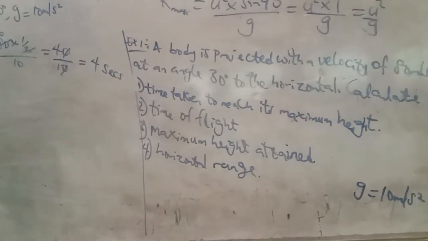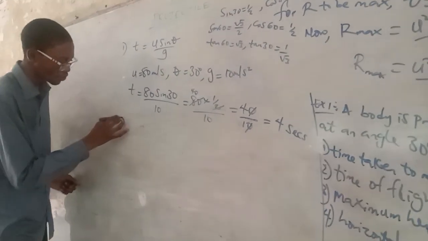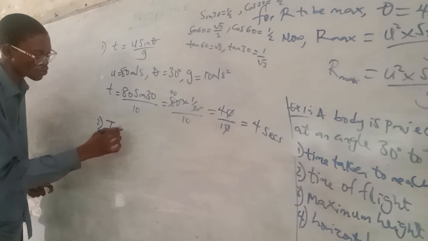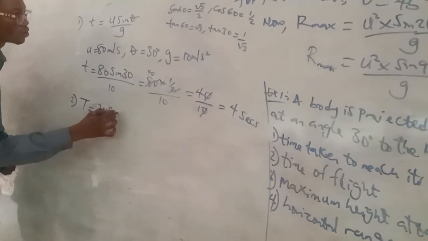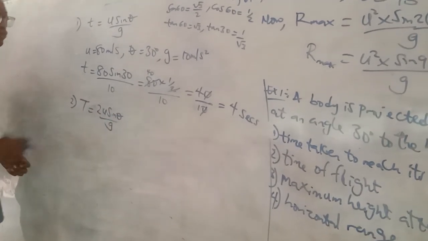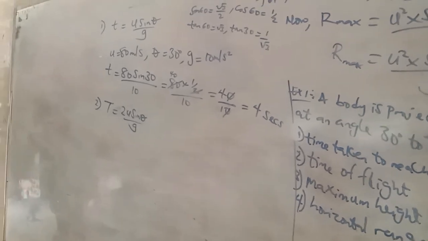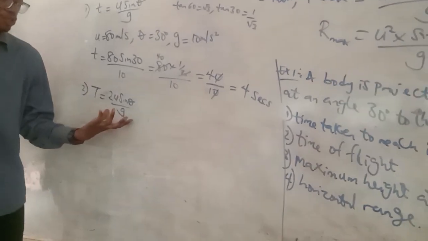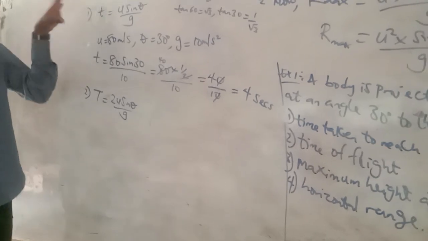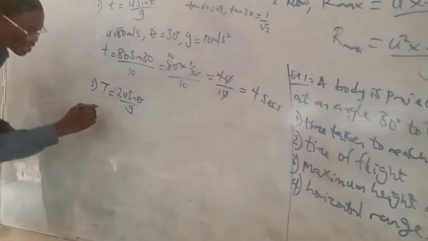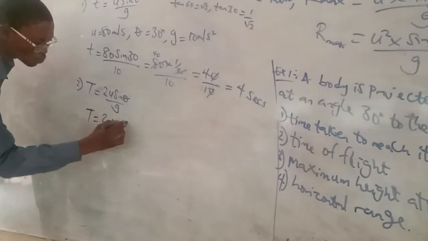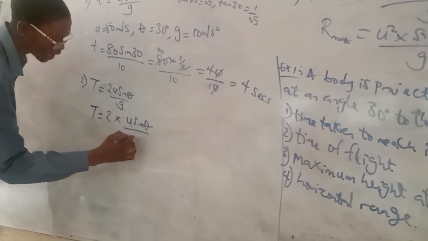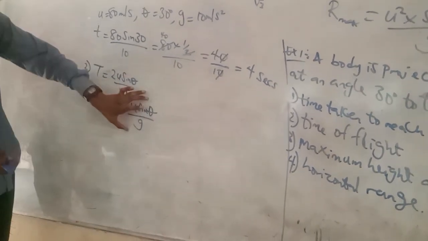Now let's go to the next question. We have time of flight. They say we should calculate the time of flight. Now the time of flight is what? T equals 2u sine theta over g. Almost the same thing as what you have here. What they're asking you is that you should multiply 2 by your time taken to reach the maximum height. That is t equals 2 times u sine theta over g.